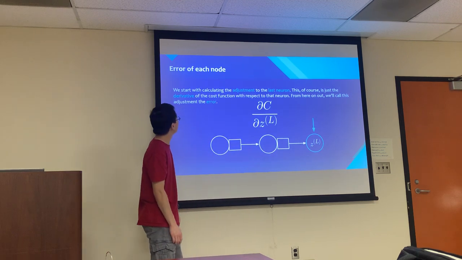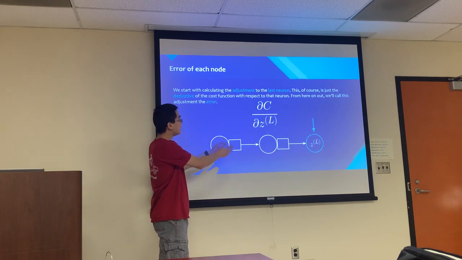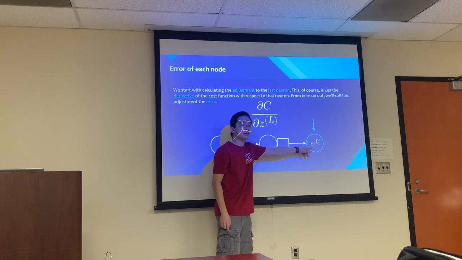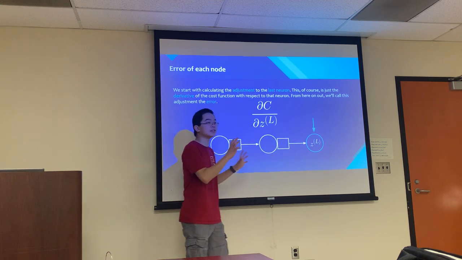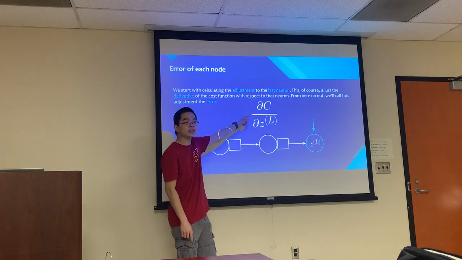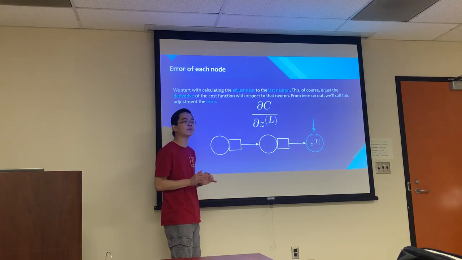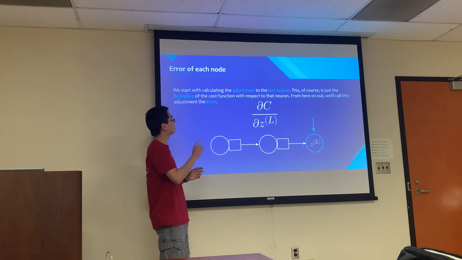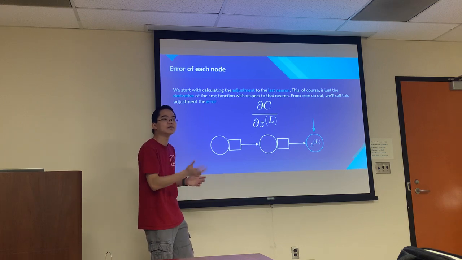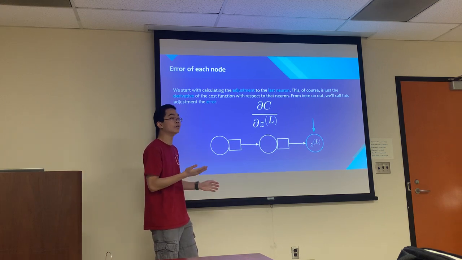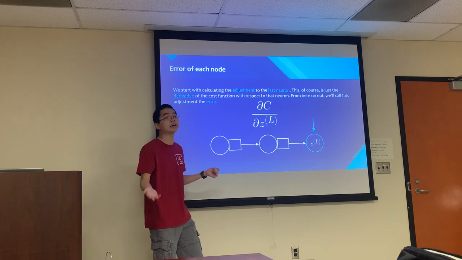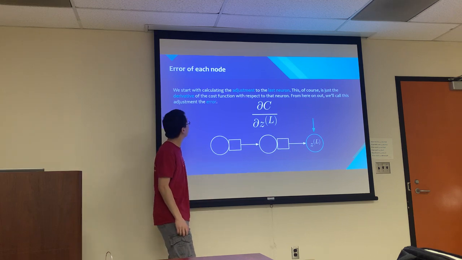This says: if the affine output of this neuron changes a little, how does the cost function change? Because we're thinking about what values to change to make the cost function better or worse, which is again a gradient descent process.